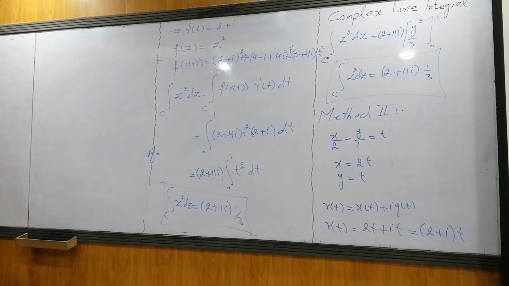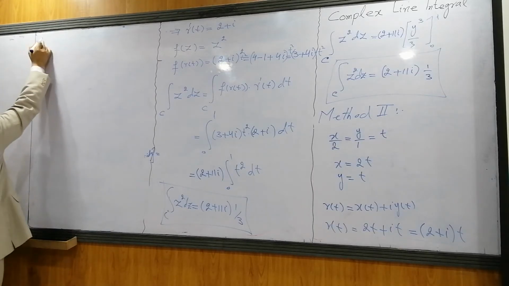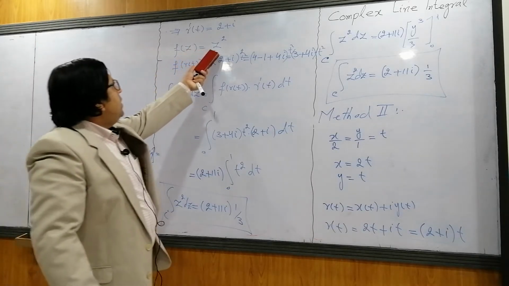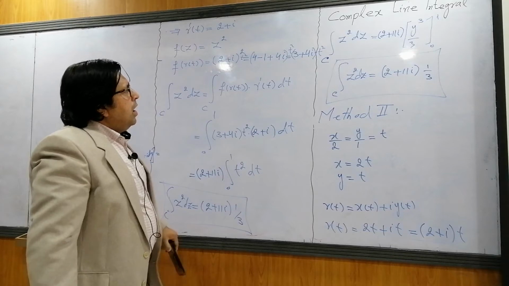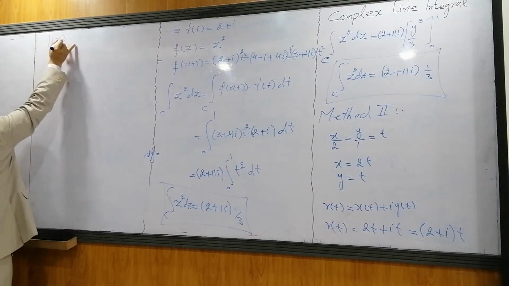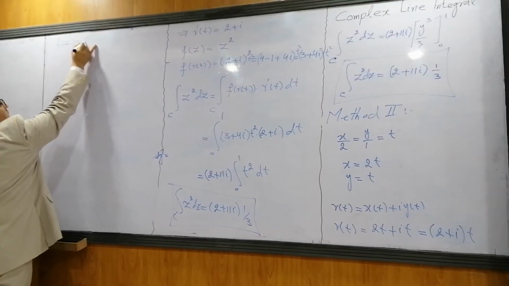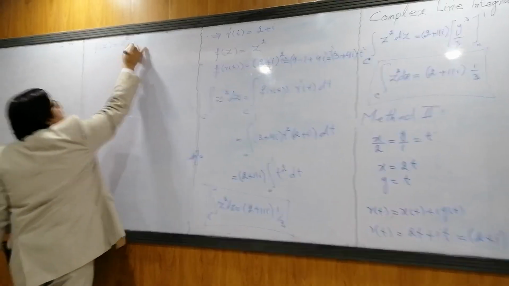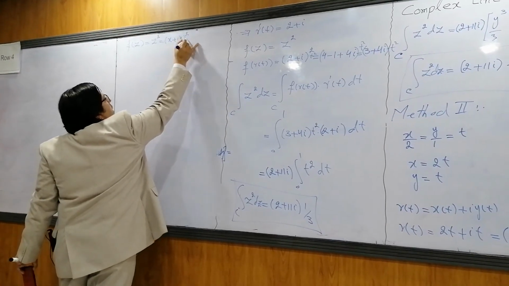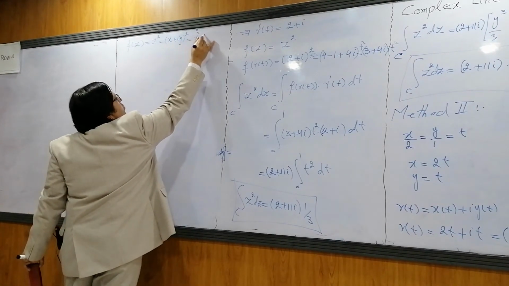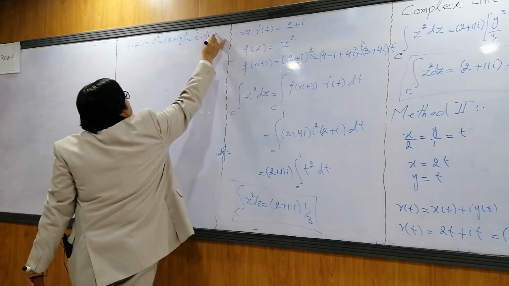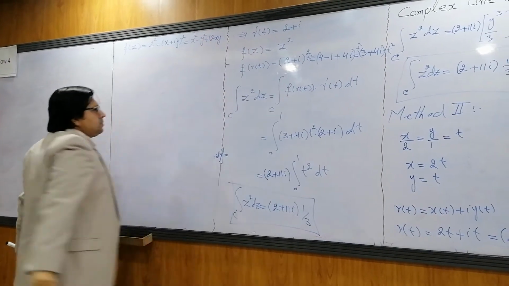Here f(z) is again z², which is (x + iy)², equal to x² − y² + i 2xy.